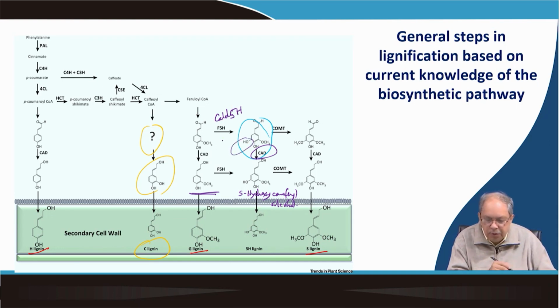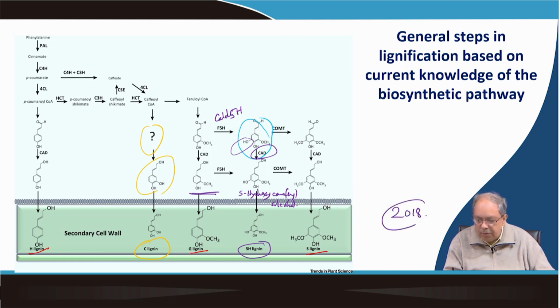So, this can move in another direction, and it eventually may contribute to 5 hydroxy lignin, which is called 5H lignin. So, these are the new views, and this was published in Trends in Plant Science in the year 2018. This is a review that appeared in 2018.